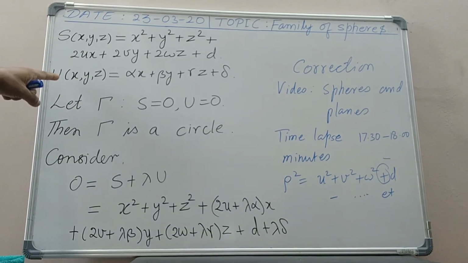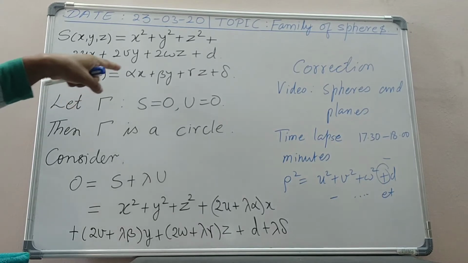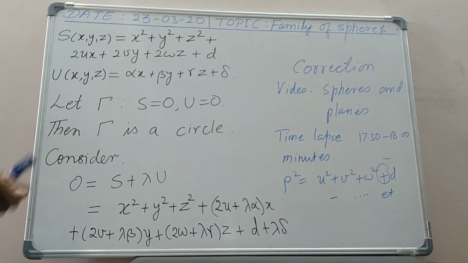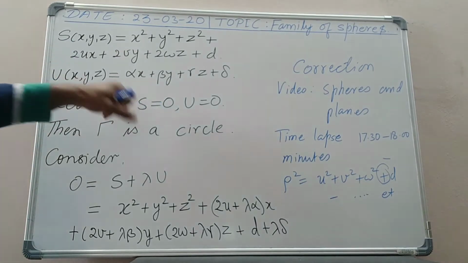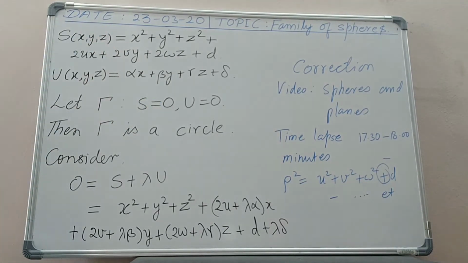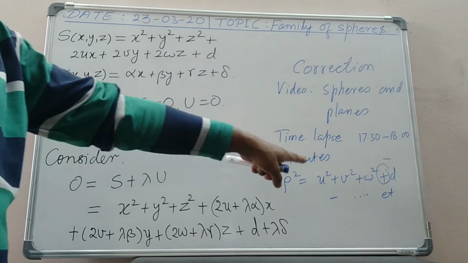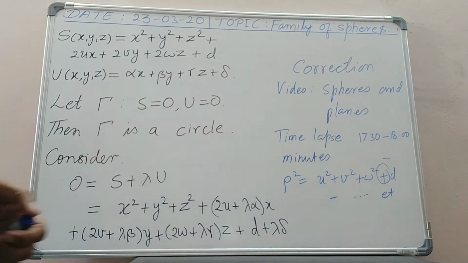And u, which is a function of x, y, z, stands for alpha x plus beta y plus gamma z plus delta. So if I write s equal to 0, I'm looking at a certain sphere with center minus u, minus v, minus w, and the radius square root of u square plus v square plus w square minus d.